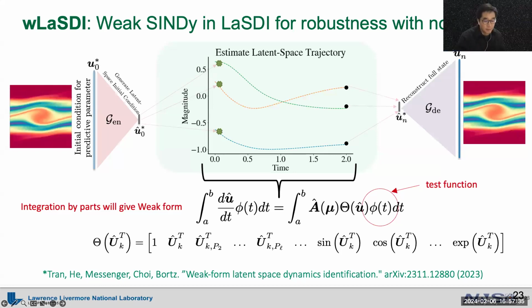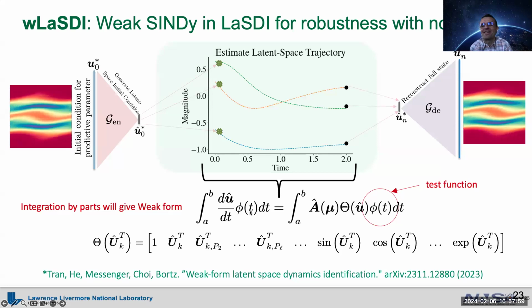Yeah, there are two factors. The integral is naturally a smoothing operator, so that helps. But not only that, with integration by parts, you can actually move the derivative terms to the test functions. We know everything about the derivative of the test function, right?